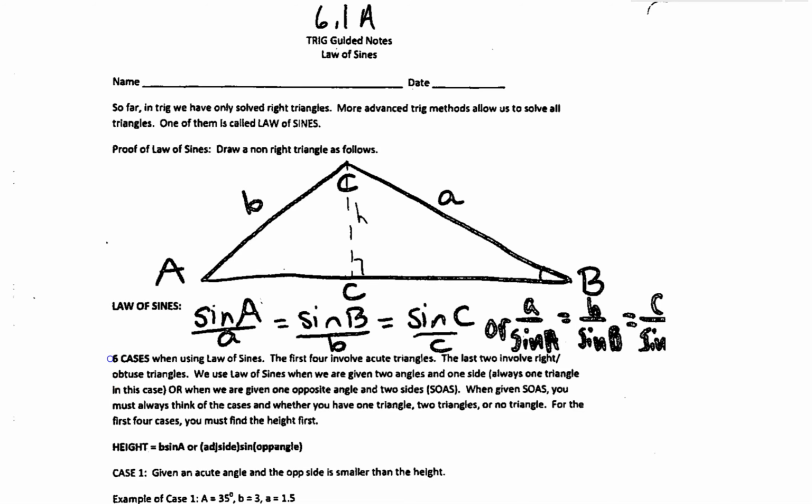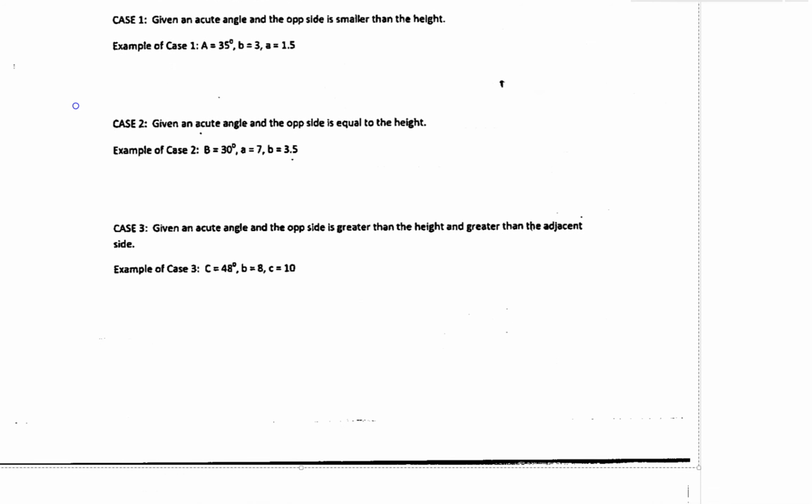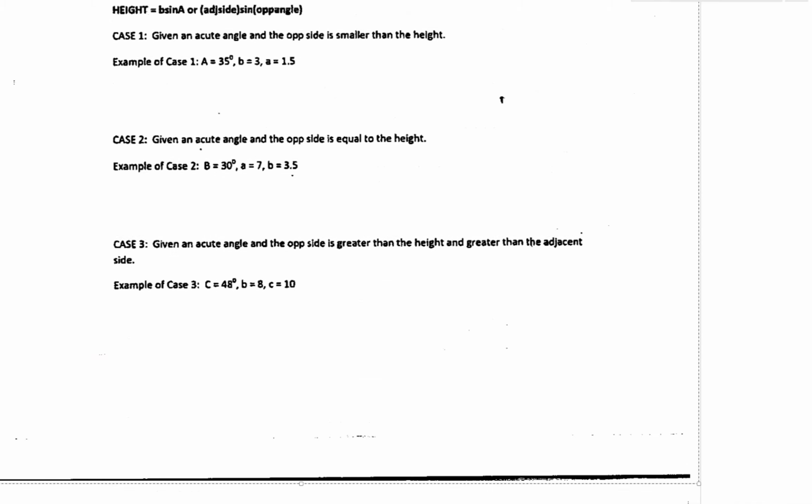Let's talk about case number 1 first. For case number 1, it says given an acute angle and the opposite side is smaller than the height. So case 1, they're telling us that angle A is 35 degrees, side B is 3, and side A is 1.5.